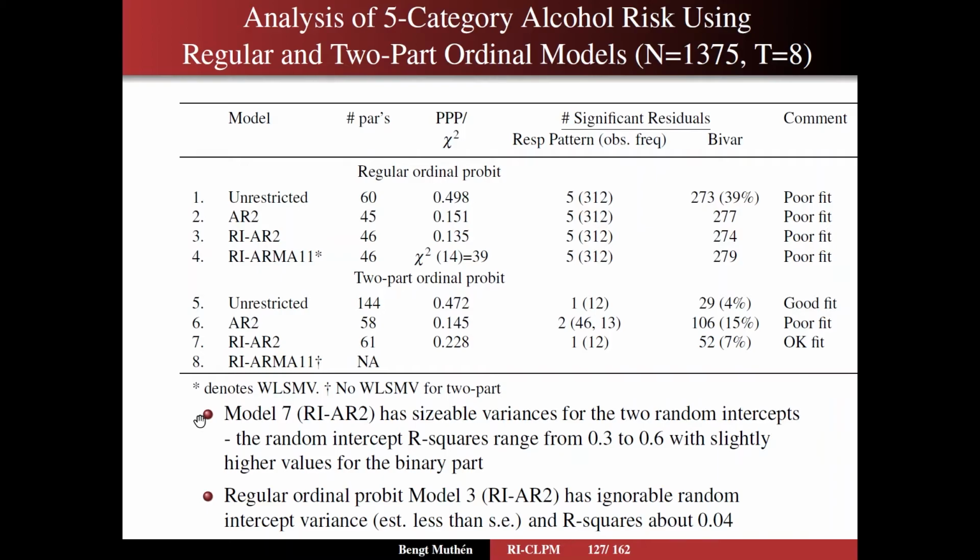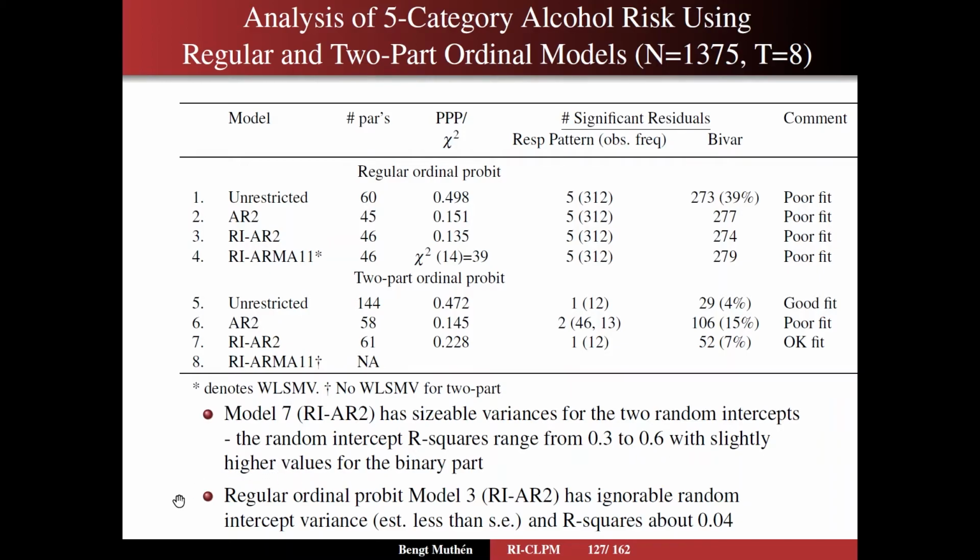Now model 7, RIAR2, is a good model with okay fit, and has sizable variances for the two random intercepts, for the binary and the ordinal part, where the R-squares range from 0.3 to 0.6, with slightly higher values for the binary part.